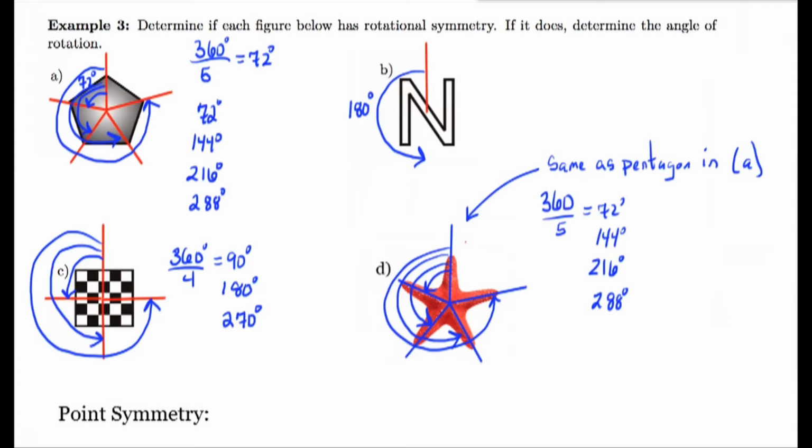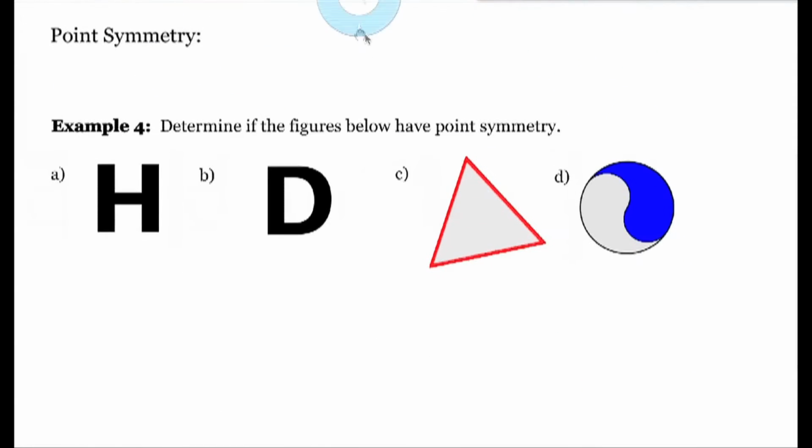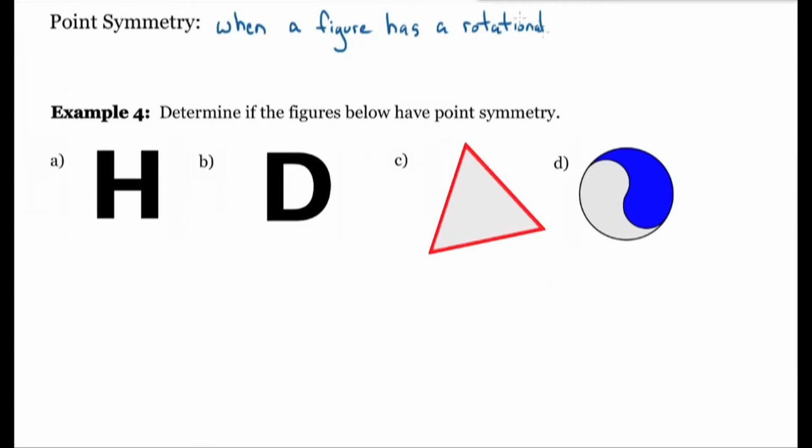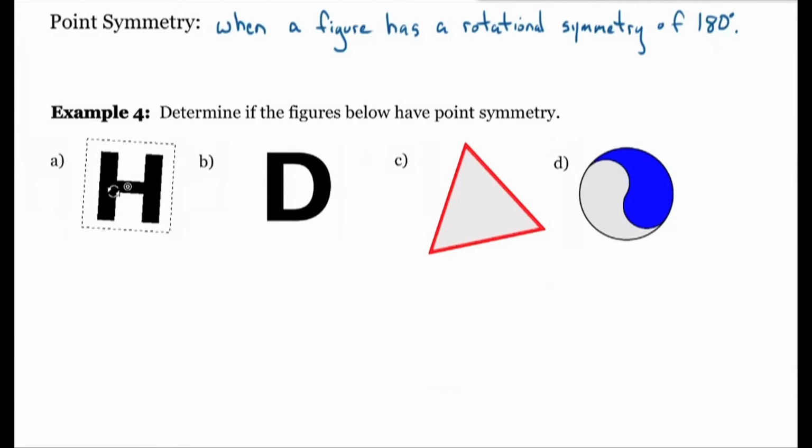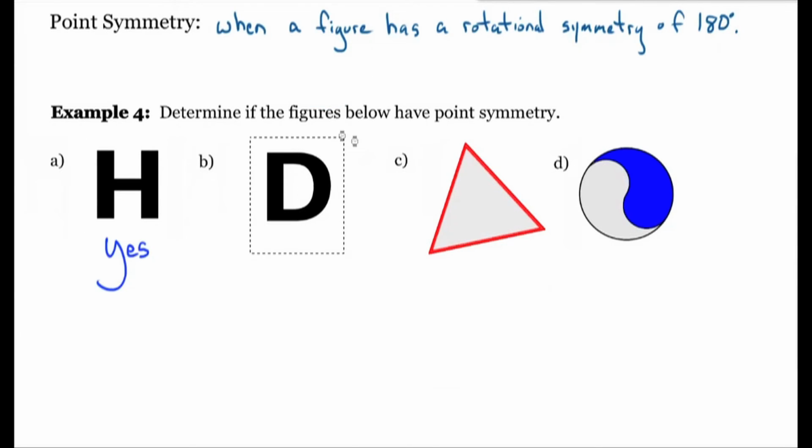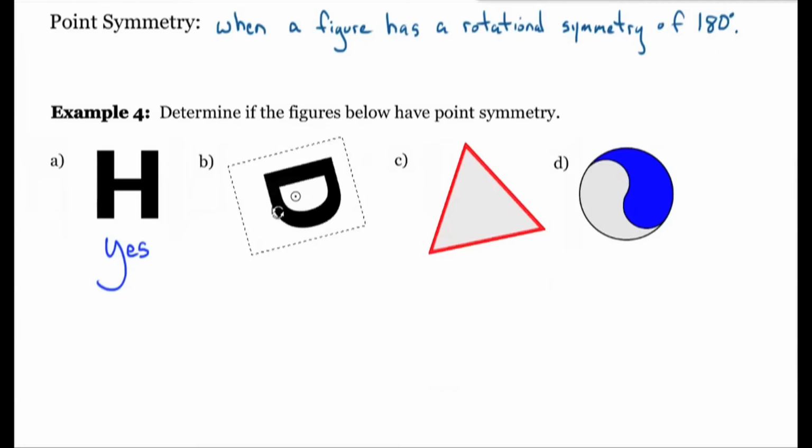Point symmetry is when a figure has rotational symmetry of 180 degrees. So in example 4, we're looking to see if we can rotate this figure 180 degrees, does it look the same as the original? The letter H would be yes. The letter D does not have any rotational symmetry. It does have line symmetry.